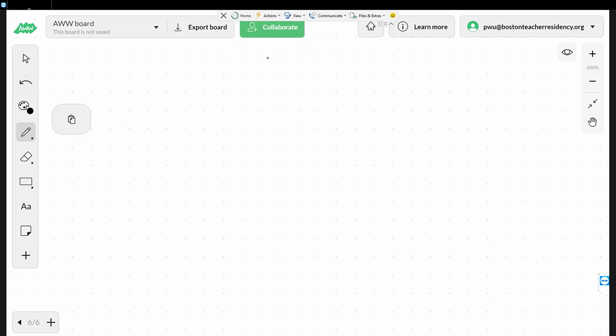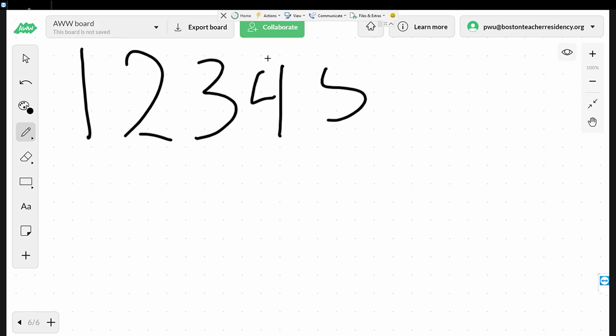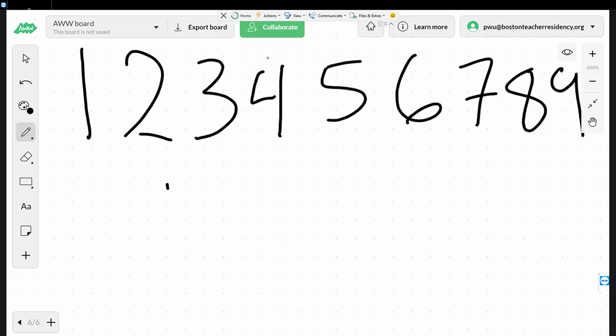We count 1, 2, 3, 4, 5, 6, 7, 8, 9, and then we get to 10, right? When we get to 10, we suddenly go from having 1 digit to 2 digits. So the reason that when we multiply or divide by 10, we can just move our decimal, right?